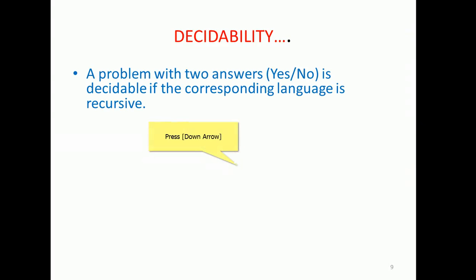A problem with two answers, yes or no, is decidable if the corresponding language is recursive.